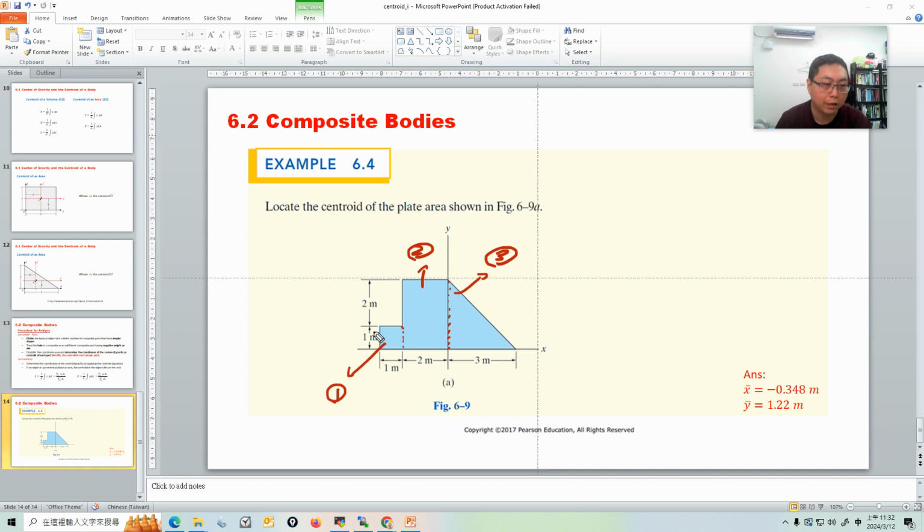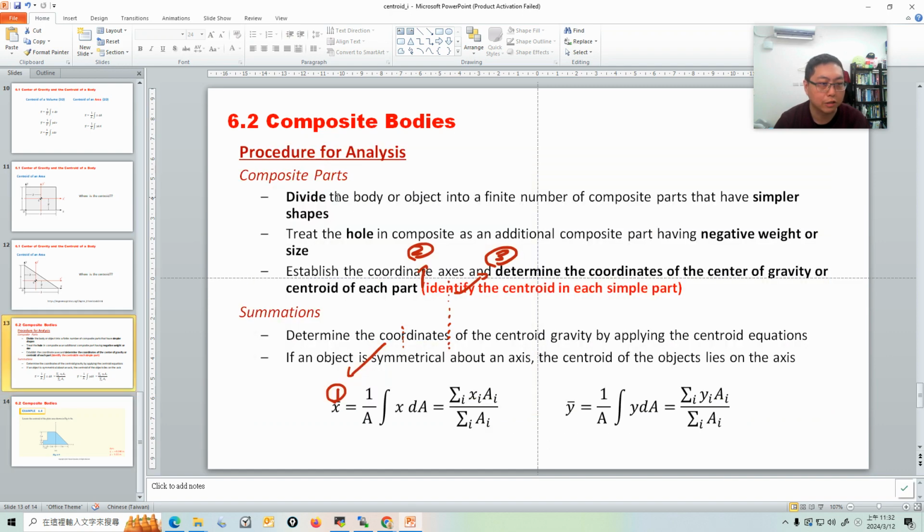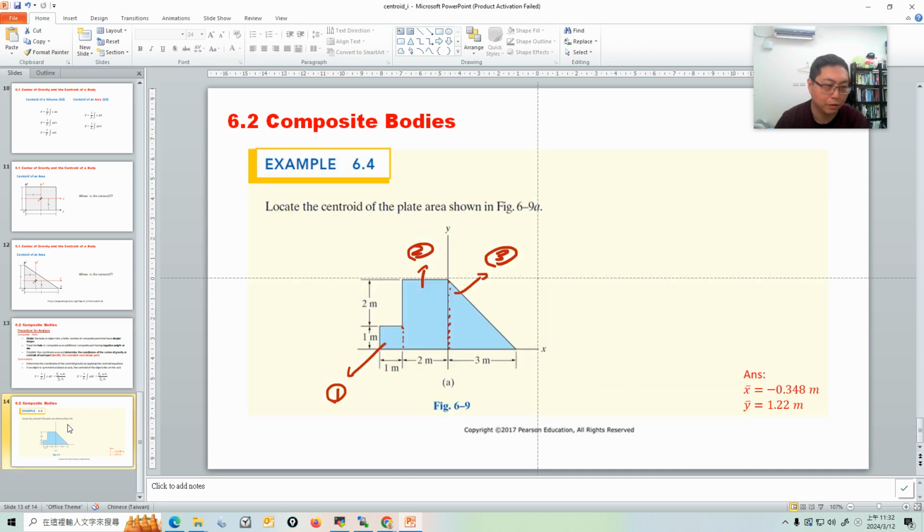So I divided a complicated shape into simpler parts. That's the meaning of the first strategy: divide the body or object into a finite number of composite parts that have simpler shapes. I divided this complicated shape into three parts, and each part is a simple shape: rectangle and right triangle.